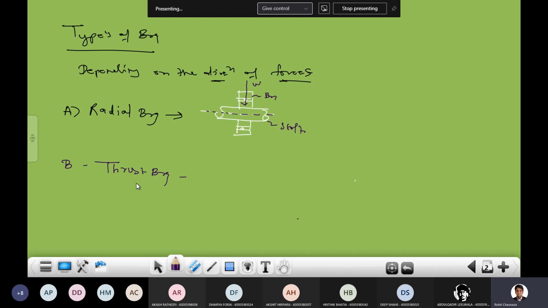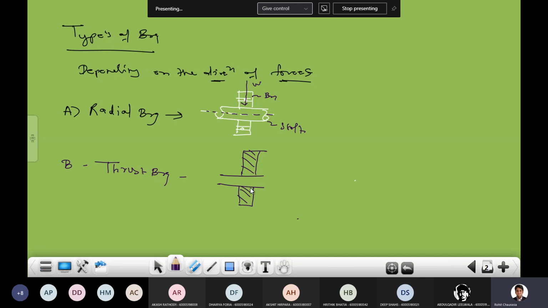But when we are talking about the thrust bearing, suppose that this is my shaft, okay, and here we have a frame of the body, मतलब जिस body के ऊपर हमको ये करना है, I'm just taking the frame. This one is nothing but the frame, and I want to rotate this shaft, but the loading condition is what?